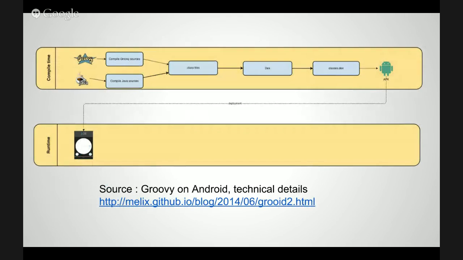Okay, so what I need to explain here is that right now you have the option of writing Android apps in Java or Groovy. But just to let you know, writing in Groovy is the same layer as writing in Java.